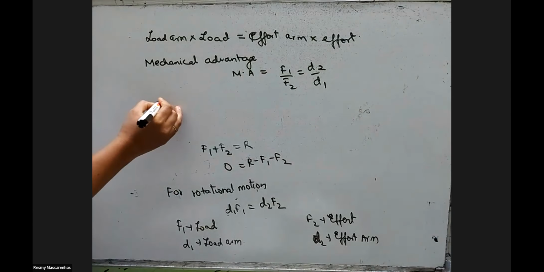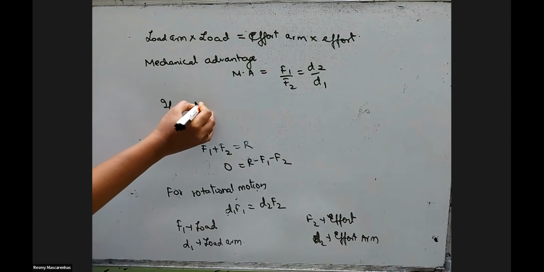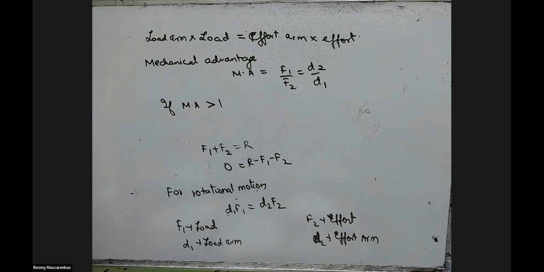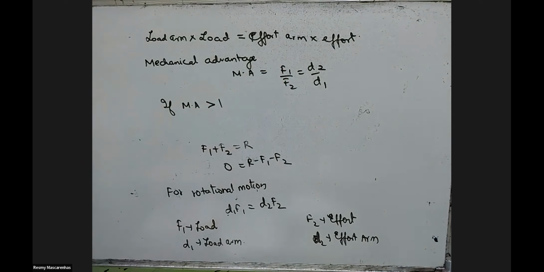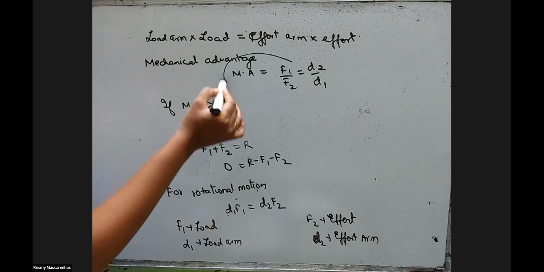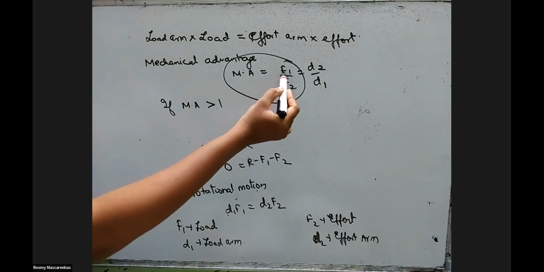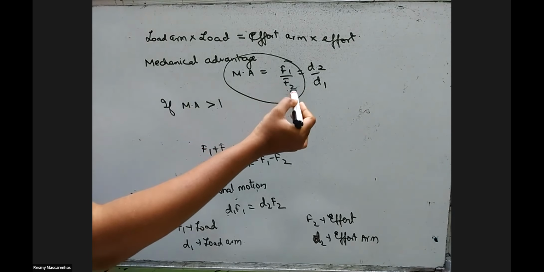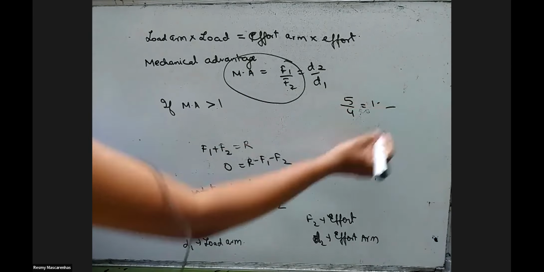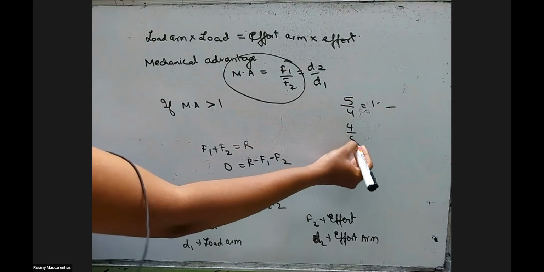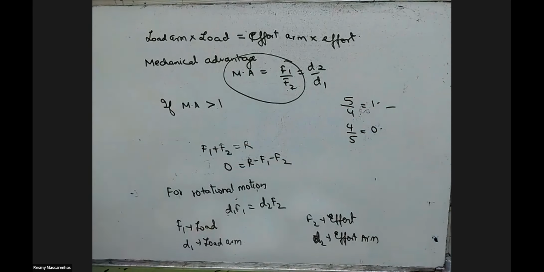If in case mechanical advantage is greater than 1, more than 1 means what? Just see this. When will you get this value as 1 point something? Whenever this number is bigger than this, 5 divided by 4 will be 1 point something. But if you have 4 divided by 5, it will be 0 point something.